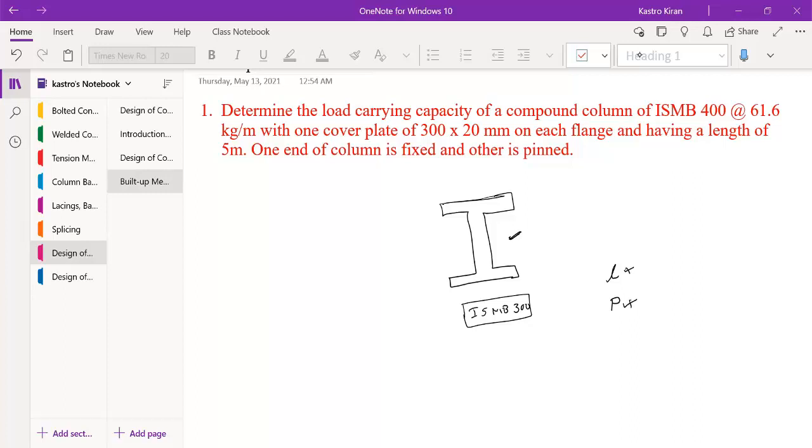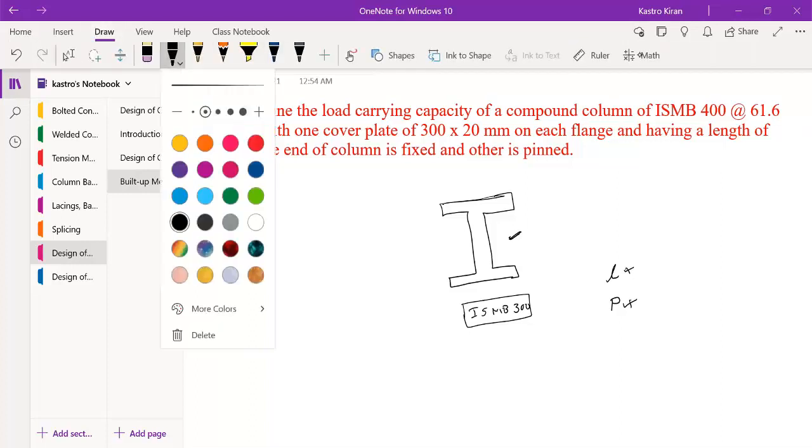Then at that time, what you're going to do is add some additional members onto the same section.